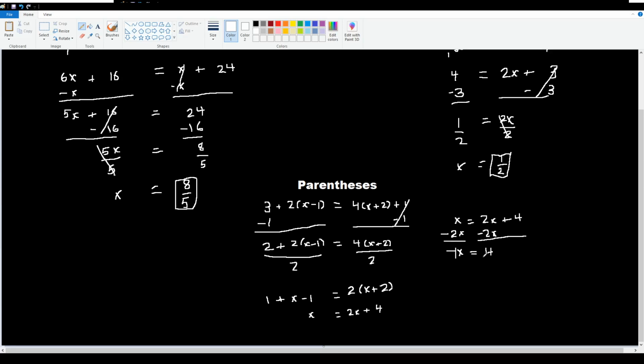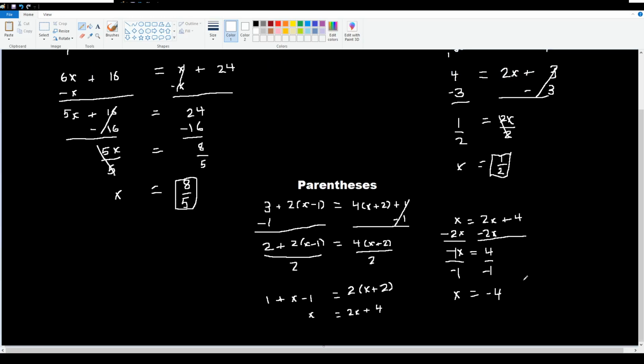So really it's -1x. So for the sake of comprehension, I'll just divide by -1 on both sides, and you see that, because 4 divided by -1 is -4, x equals -4.